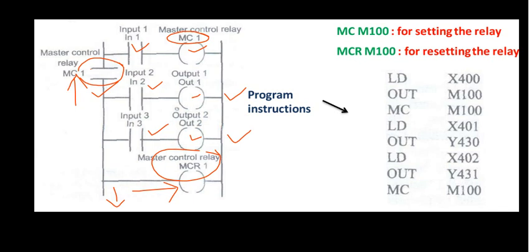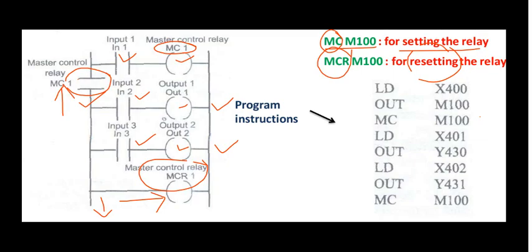Here, for setting the master control relay you use the instruction MC, and for resetting you use the instruction MCR, and accordingly you have been given the program instructions here. You can see LD X400, then out M100.